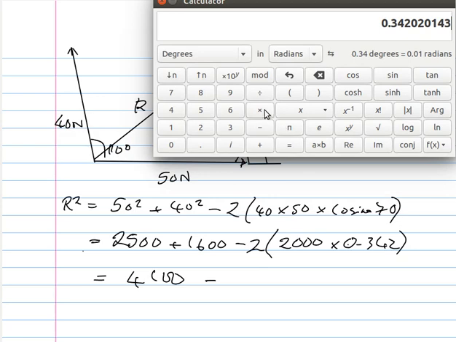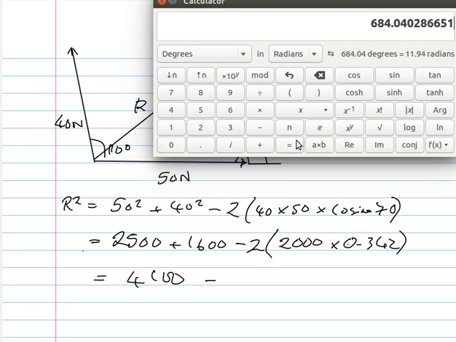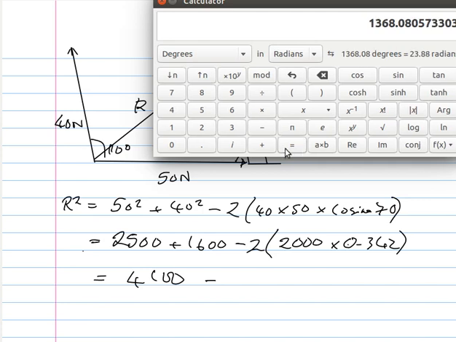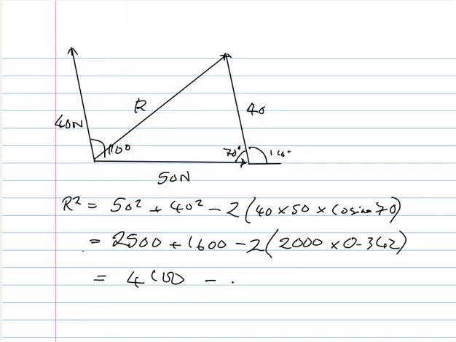So times 2,000 times 2. And so we then put 4,100 minus that equals 2,732 rounded up.